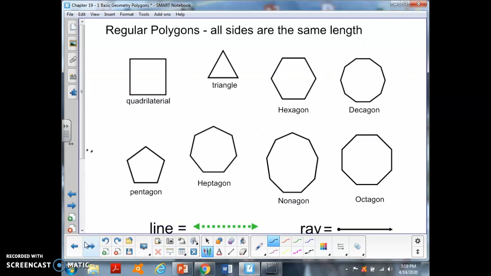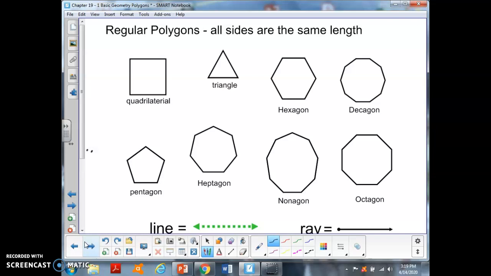Finally, on your paper, page 451 has the names of these polygons. My time is almost up, so make sure you look at them. They all have straight sides. Square is a quadrilateral. Triangle, 3 sides. Hexagon, 6. Decagon. That one has exactly 10.